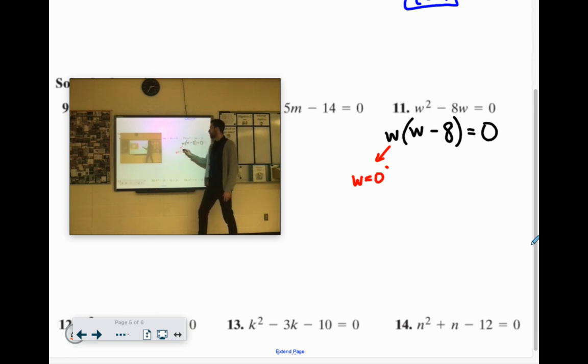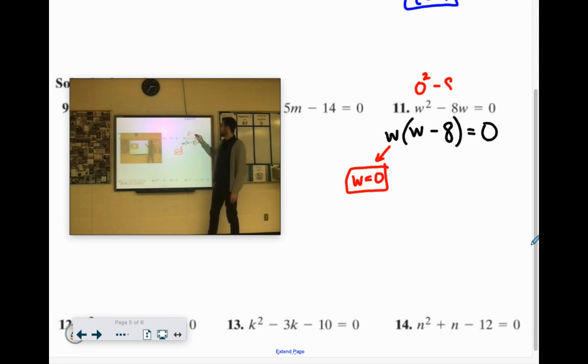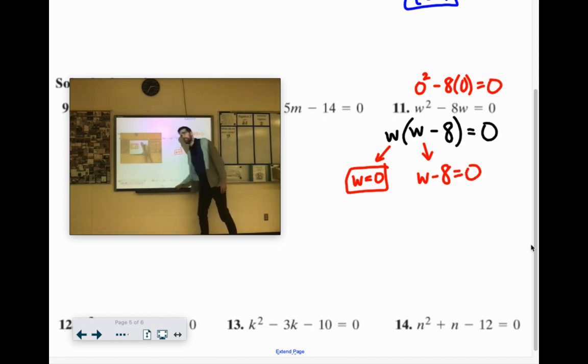W equals 0. And if you substitute that into the original equation, 0 squared minus 8 times 0 equals 0. What's 0 squared? 0. What's 8 times 0? 0. So 0 minus 0 equals 0. That one works. Also, we have this one, the w minus 8 equals 0, which that one we just have to add the 8 to both sides.